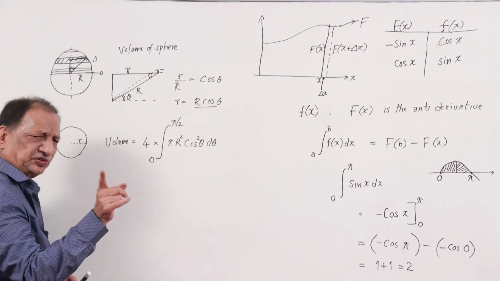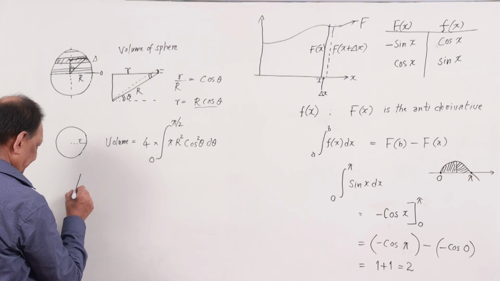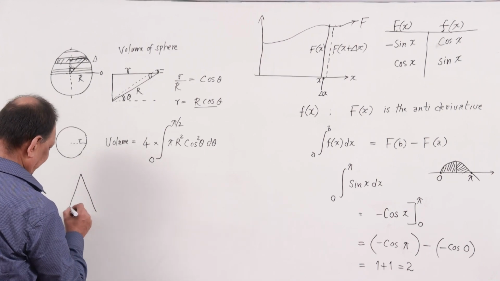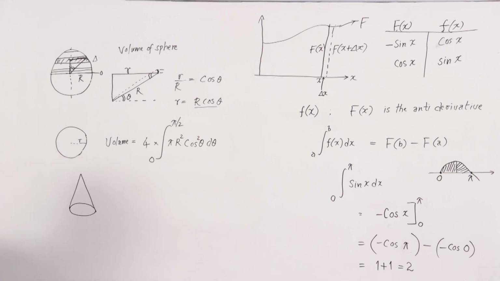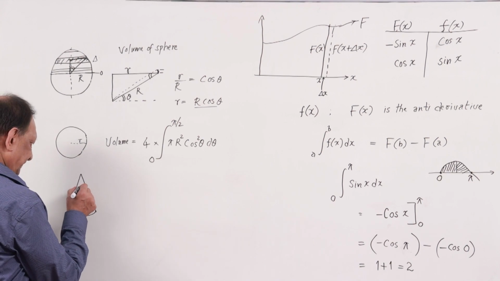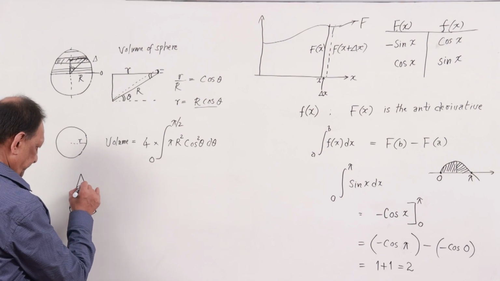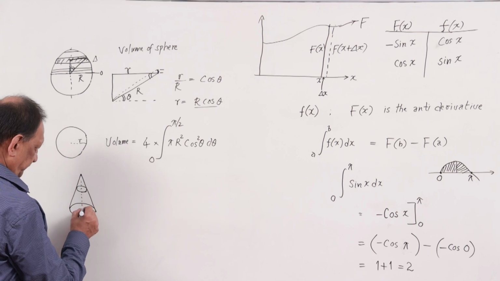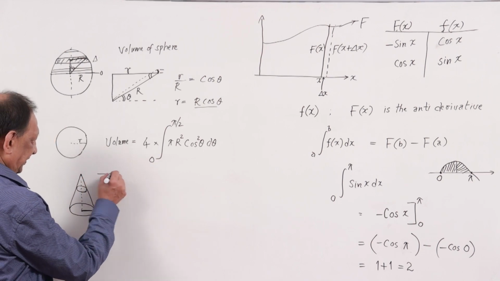Now, if this looks confusing, you take a simpler picture of a cone. Cone is actually simpler. Cone also you can slice. Cone has got a radius at the bottom, which is capital R, and has got a total height.